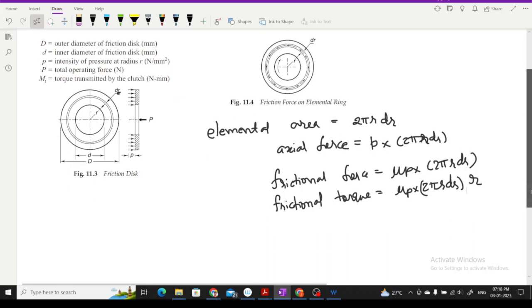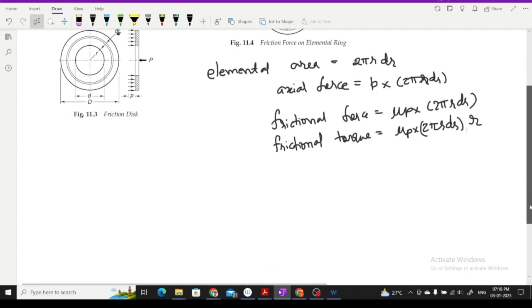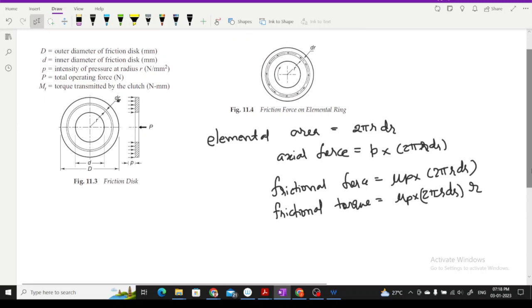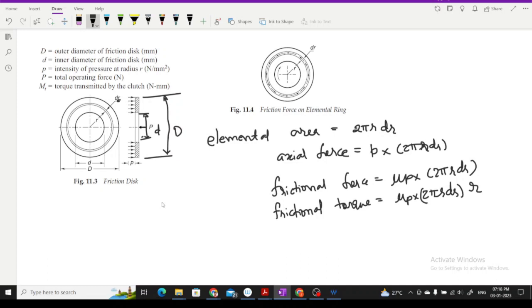Now here we have considered only that simple element. As you can see in this figure, the disc has frictional lining in this particular area, which is from small d to capital D. If you consider this as the inner diameter and this as the outer diameter, then the frictional lining is provided in this area.